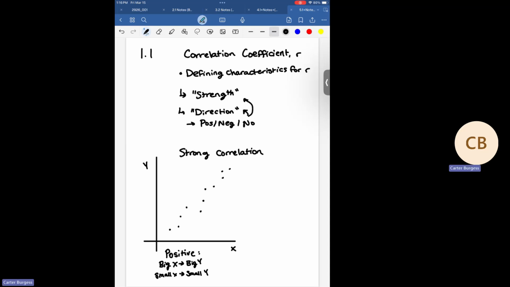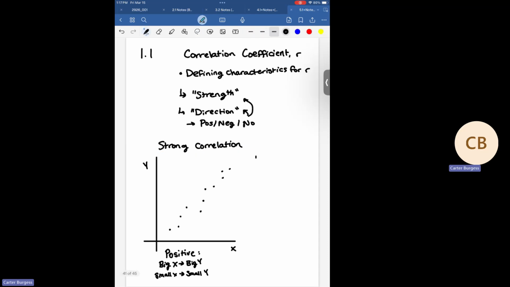We could also have a strong negative correlation. Strength and direction are independent of one another, but in this example we're seeing a strong positive correlation.